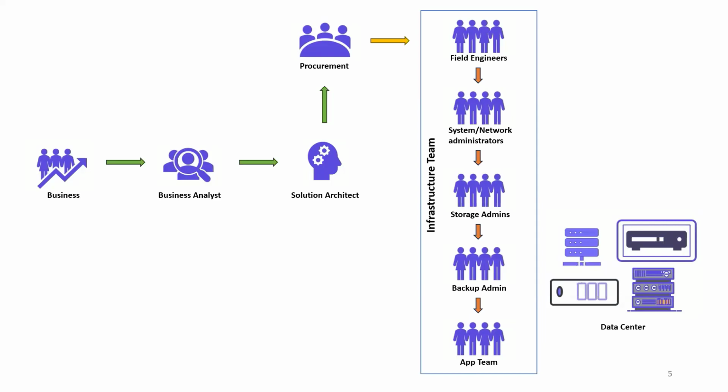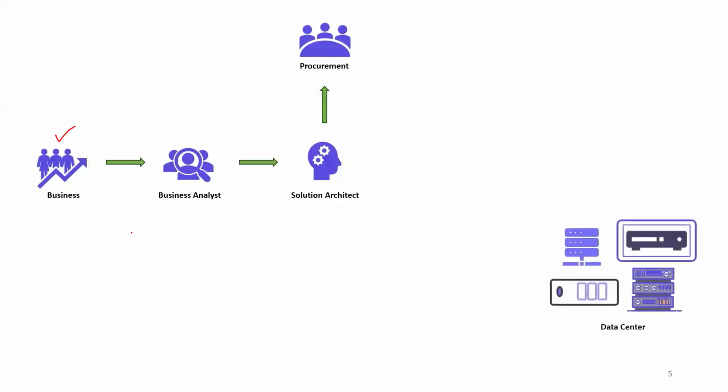Okay, so this is a typical traditional working model, where if a company wants to roll out a new application, the business comes up with a requirement for the application. The business analyst will gather the information and convert it into a set of high-level technical requirements.